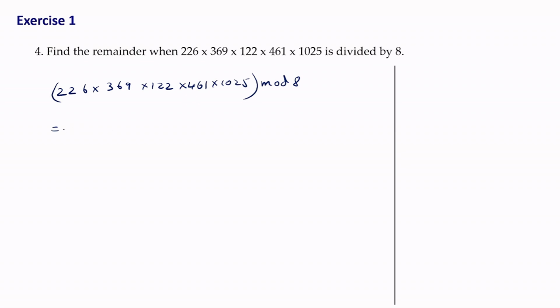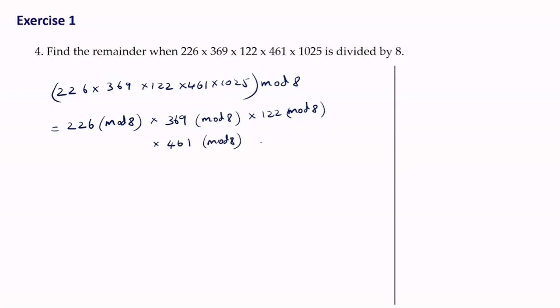So using the multiplication property of modulo arithmetic, this is equal to 226 mod 8 into 369 mod 8 into 122 mod 8 into 461 mod 8 into 1025 mod 8, all mod 8.